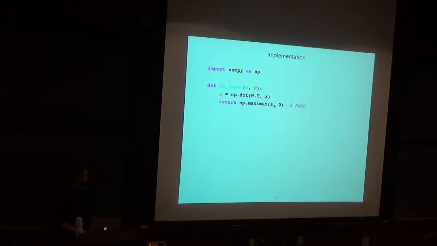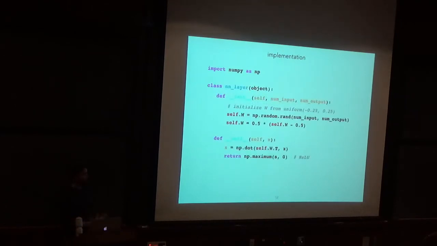But you might instead want to encapsulate this in a class where the weights are maintained by the object itself. Here we have a class, which is our neural network layer, consisting of these internal parameters w, which we initialize in some way. Then the call function gives us, again, this dot product and then the nonlinearity.